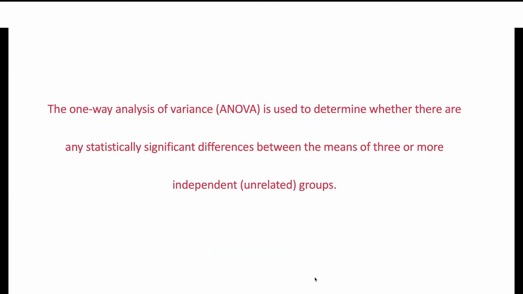One-way ANOVA or one-factor ANOVA is used to determine whether there are any statistically significant differences between the means of three or more independent groups, that is, unrelated groups.